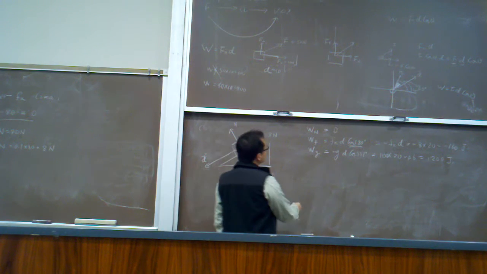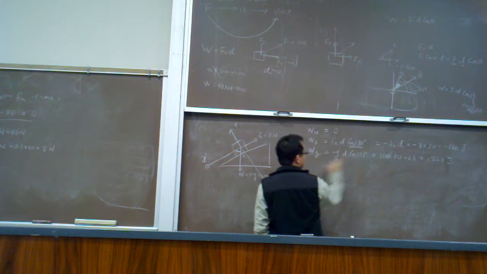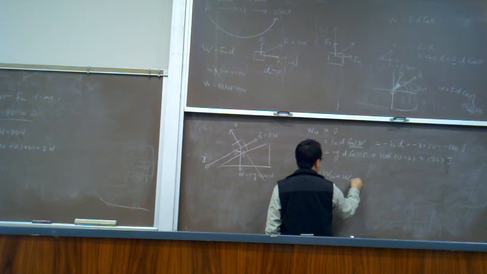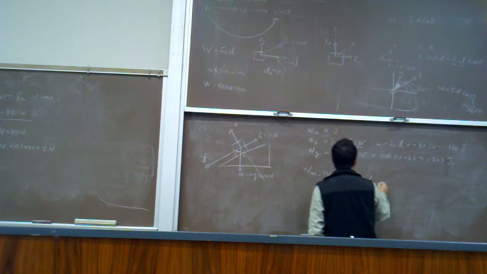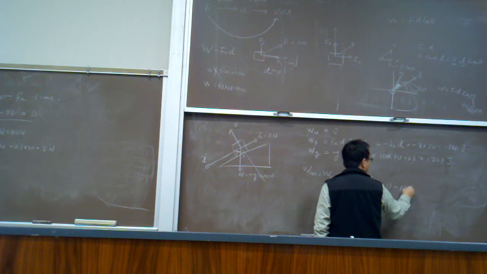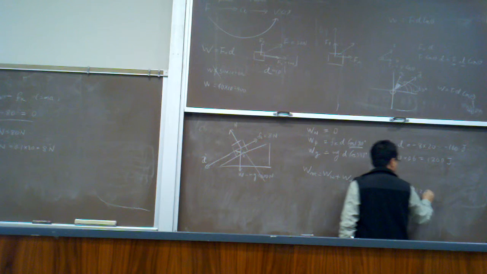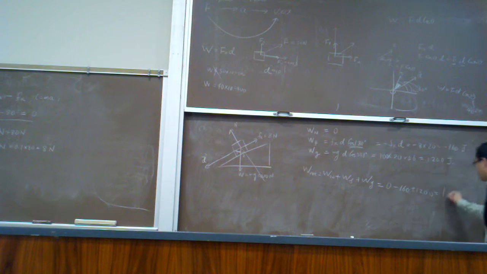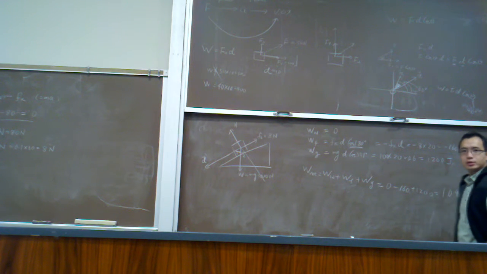Now, then the net work is simple. You just combine this, so the net work is Wn plus Wf plus Wg equals 0 minus 160 plus 1200. So it's 1040. Okay, so that's the answer.